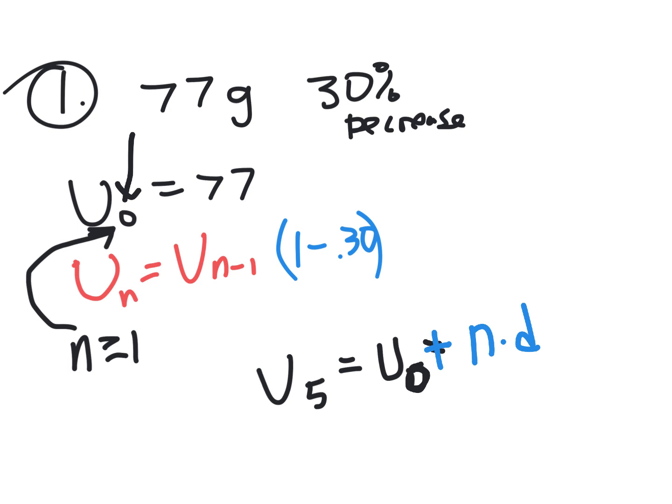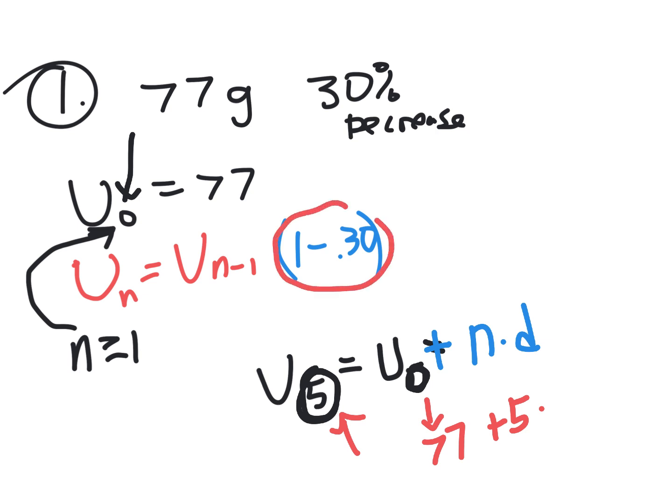And n is this. N is the subscript. And d is the common difference. So U sub 0 is 77, plus n is 5, times the d, the common difference.